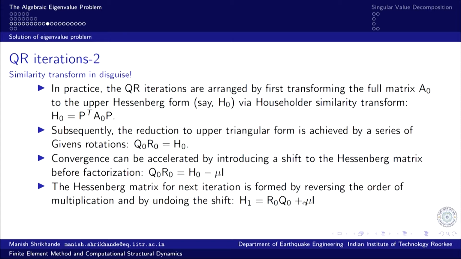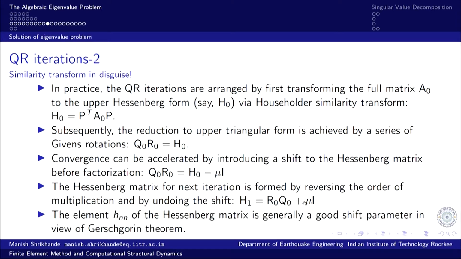So, this shift parameter is generally taken as the n-th diagonal element of the Hessenberg matrix, and it is a generally good shift parameter in view of Gershgorin theorem, because there is only one off diagonal term, and so there is an eigenvalue which lies between H n and plus or minus the off diagonal term. So, H n is generally a good estimate of an eigenvalue.